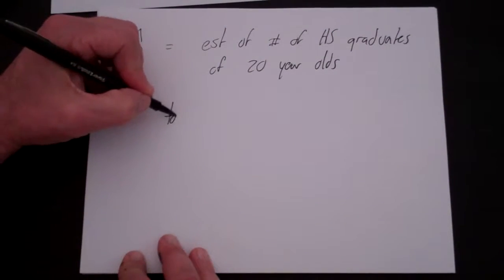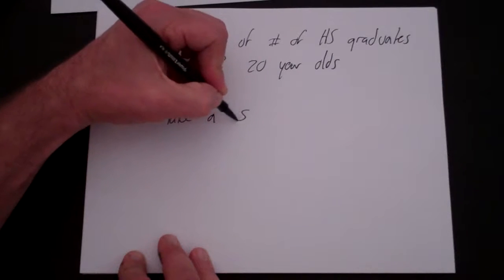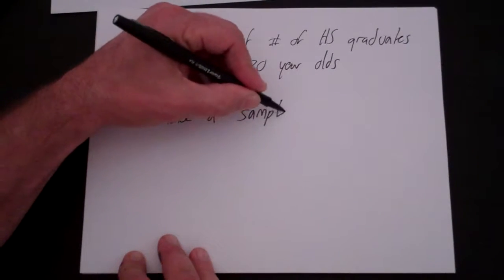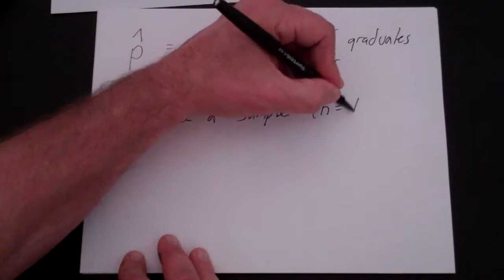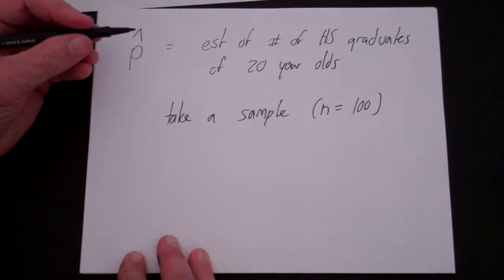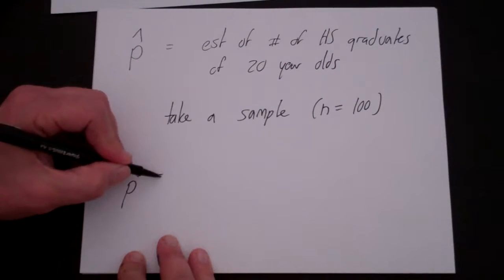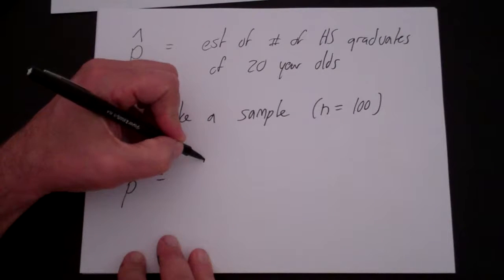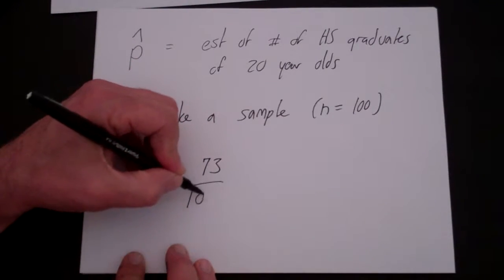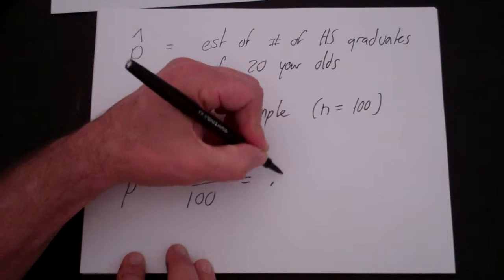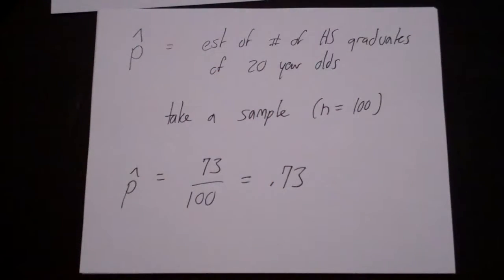Let's take a sample of 100, and p-hat might be 73 over 100, or 0.73. Then you would estimate, according to your procedure, that 73% of the population of 20-year-olds in the United States have a high school degree.